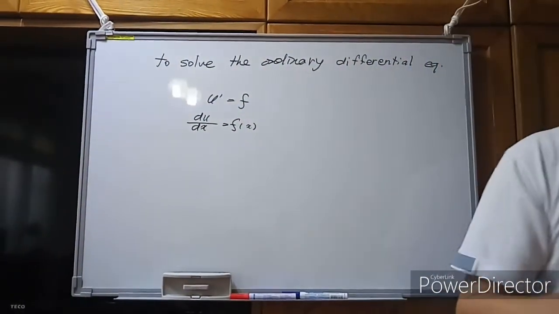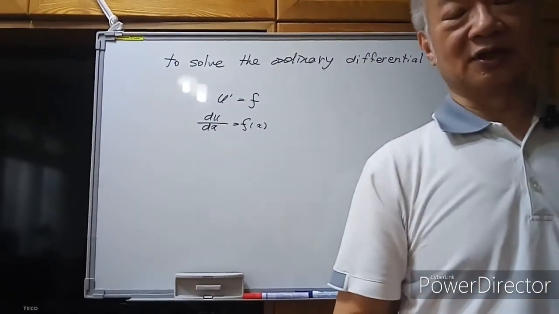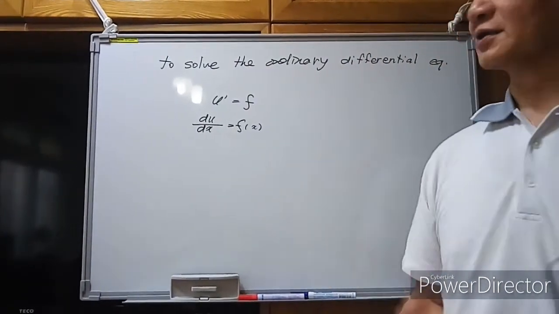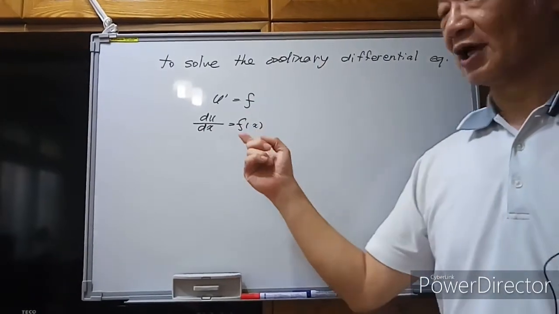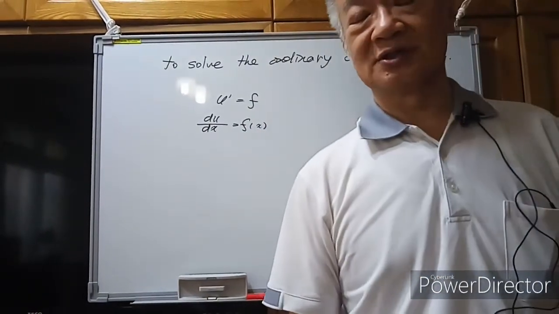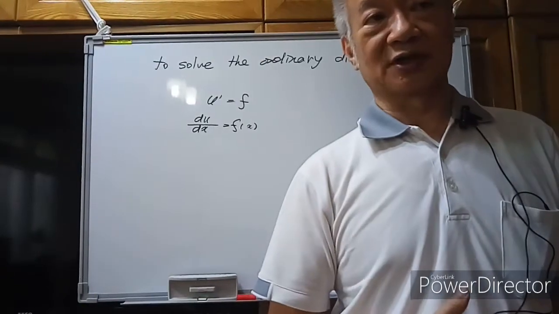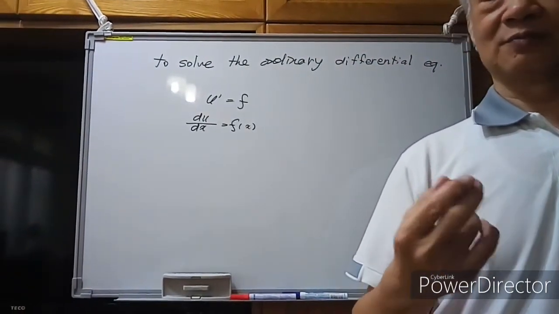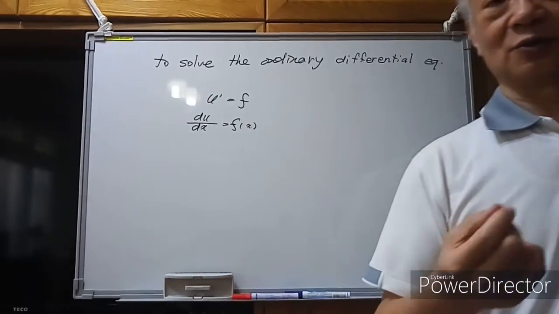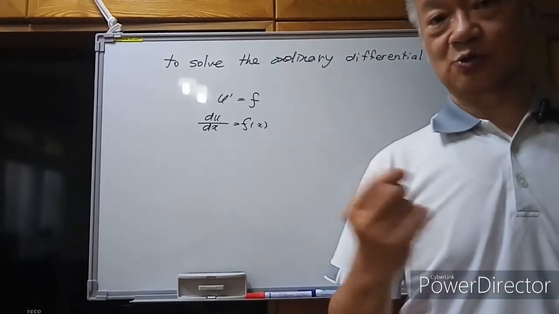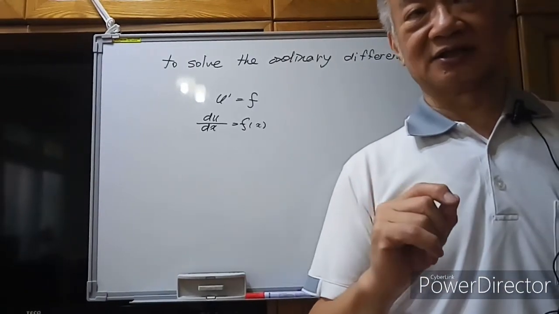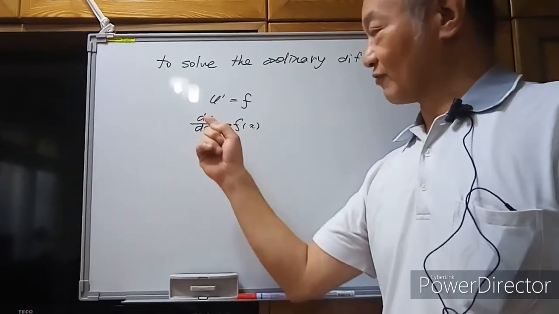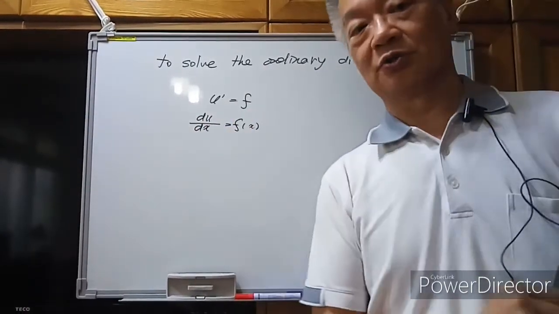The first derivative of u, du/dx, is equal to f of x. Usually f of x is a known function, but for some special cases, f of x is not a continuous function. Probably we know f of x only at some discrete points. Okay, so that's the first order differential equation.